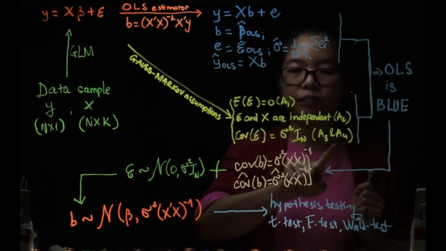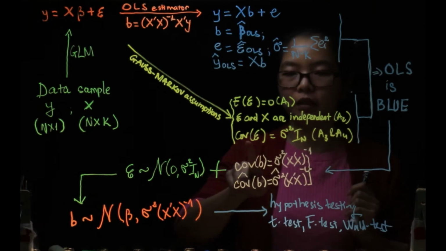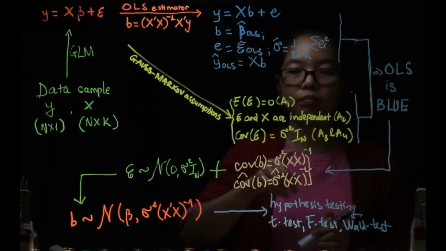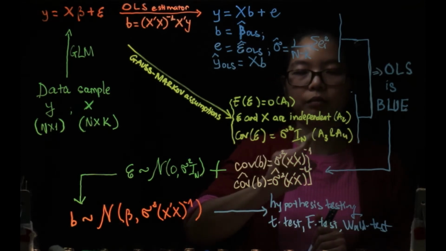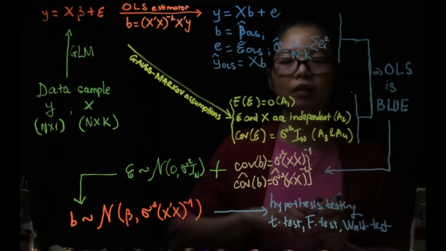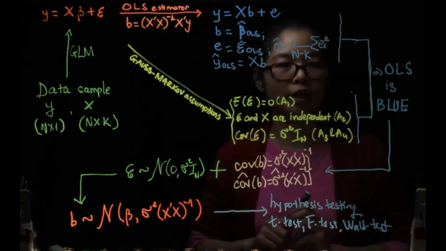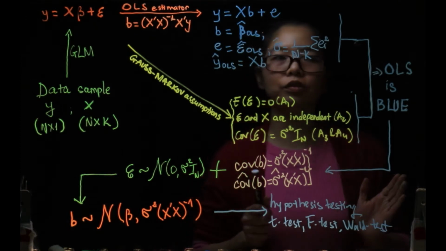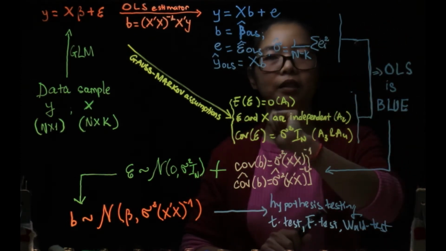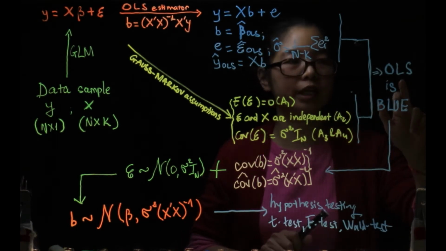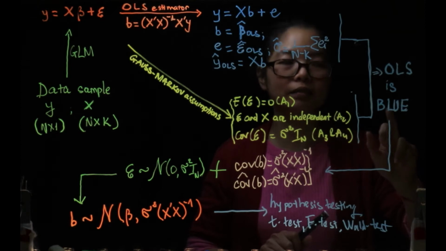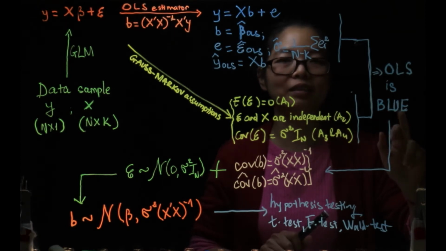And finally, A3 and A4, collected in the covariance matrix of epsilon, which is given by a constant sigma squared times an identity matrix of dimension n. We will go back to this shortly. So far so good. Then with these assumptions and this rule of estimating, our OLS estimator is BLUE: best linear unbiased estimator.